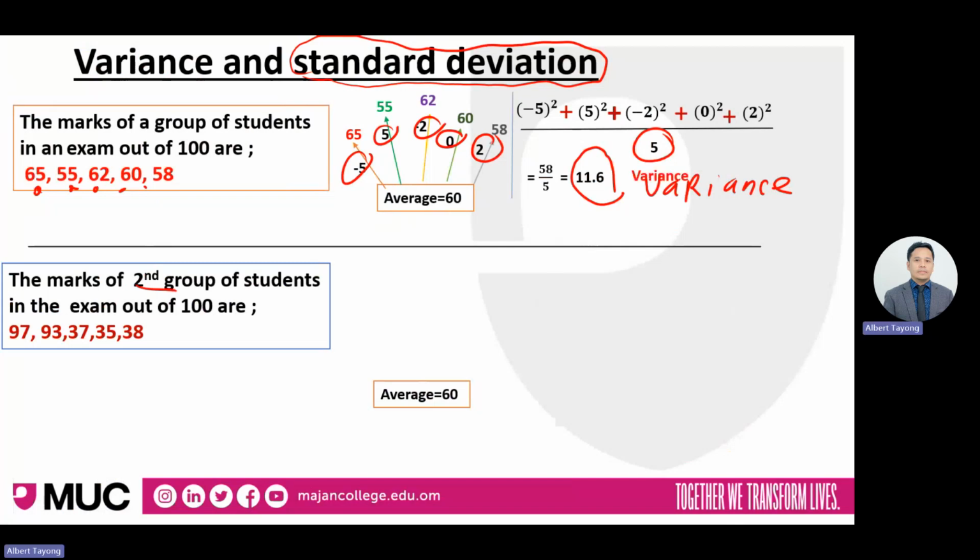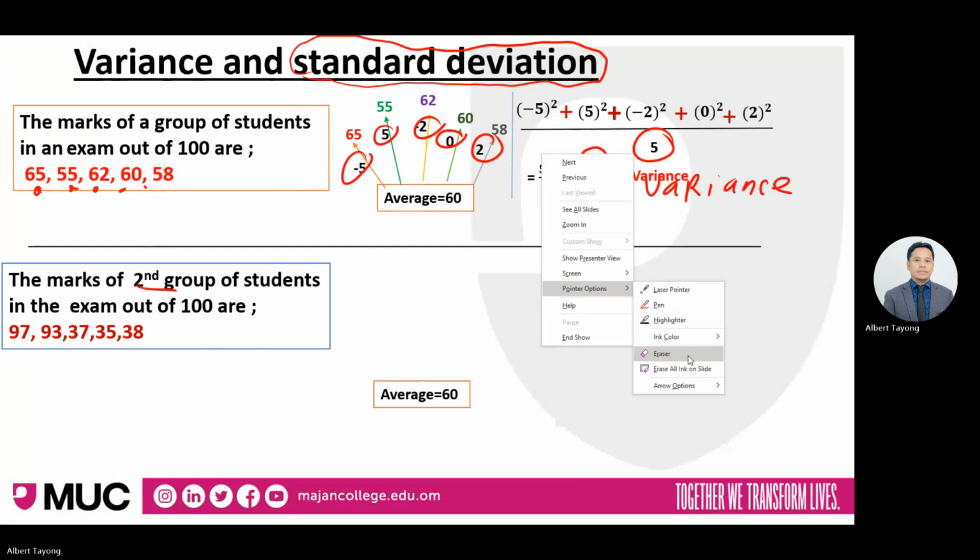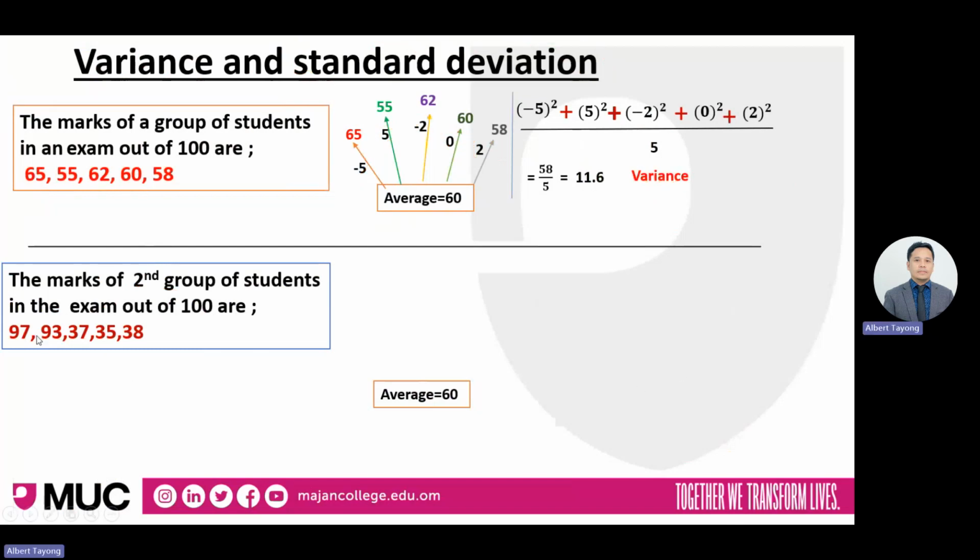We have basically 97, so 60 minus 97 is negative 37. 60 minus 93 is negative 33. 60 minus 23 is 37. 60 minus 35 is 25, and 60 minus 38 is 22. Okay, so again, we are subtracting like what we did here, the mean minus every score.